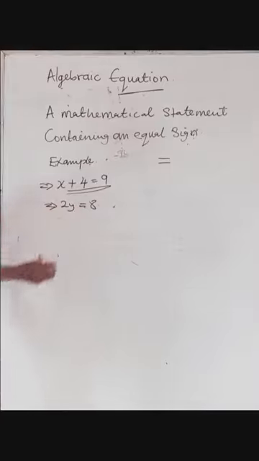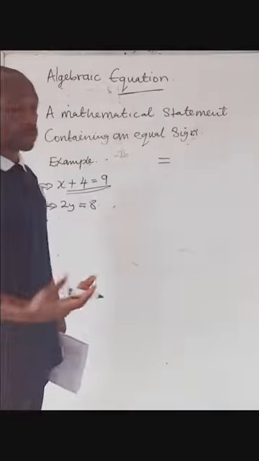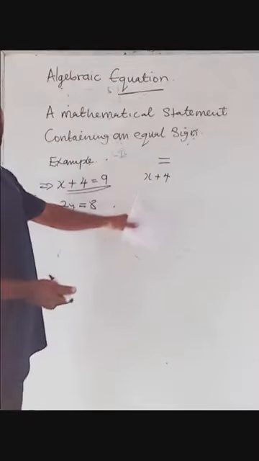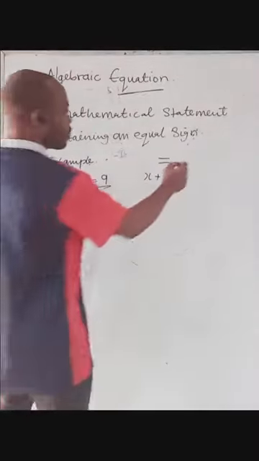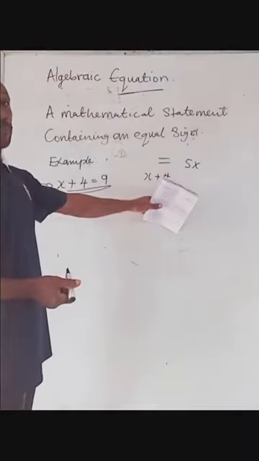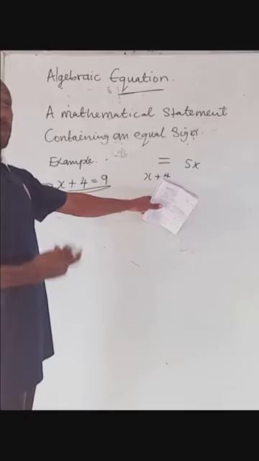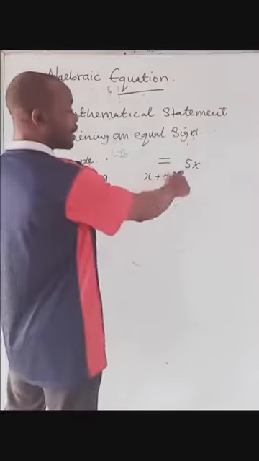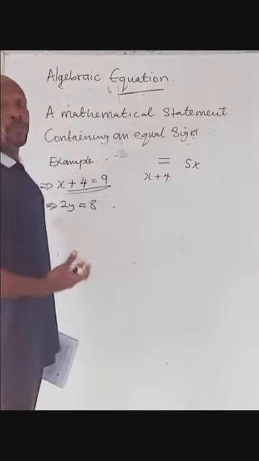It is different from an algebraic expression. x plus 4 is an algebraic expression. 5x is an algebraic expression because it is a mathematical statement that contains a letter and a number.